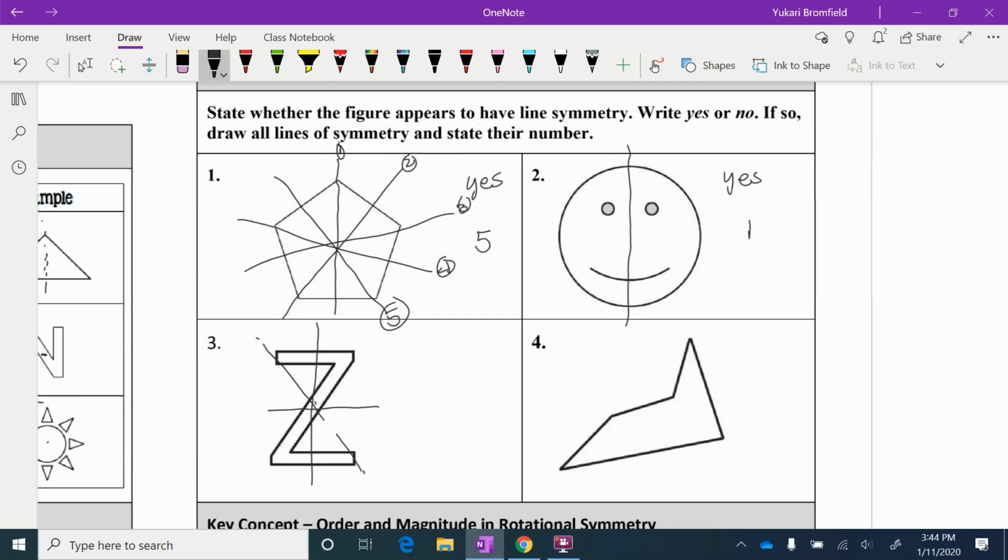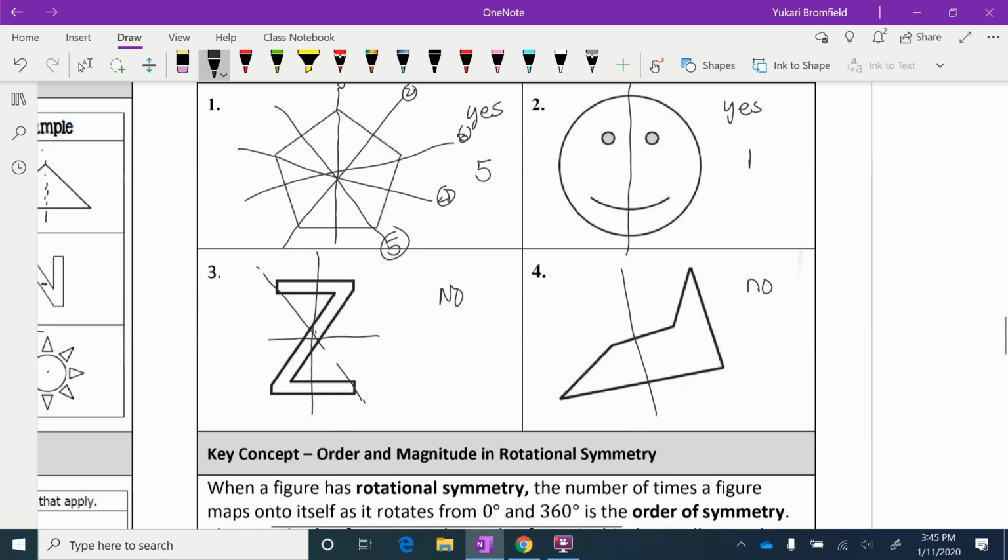So this does not have a line of symmetry here. And this shape doesn't have any of the sides that are the same. And so it's not going to have any kind of line of symmetry. It doesn't look the same on each half, no matter what line I draw. So here, the answer is no.